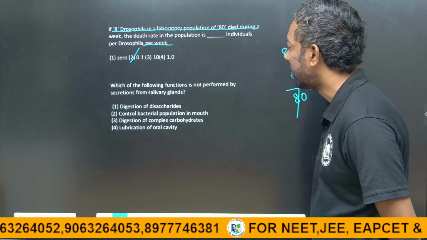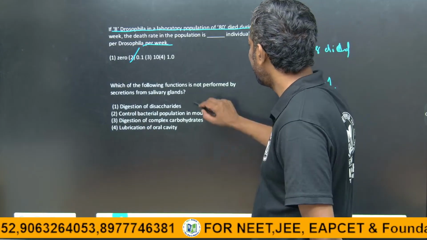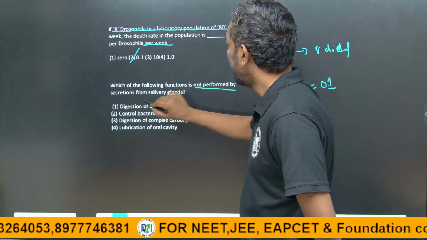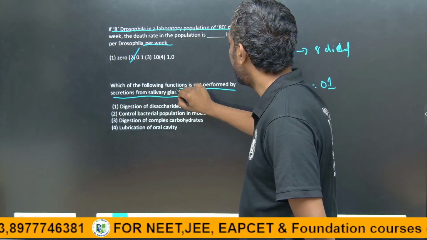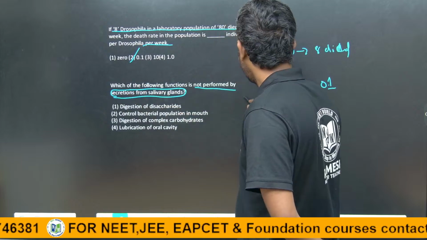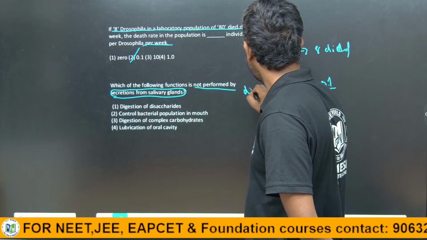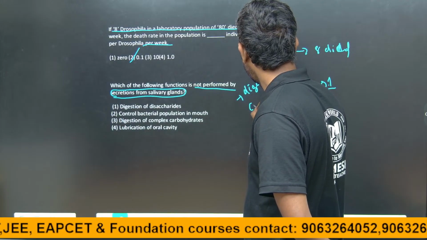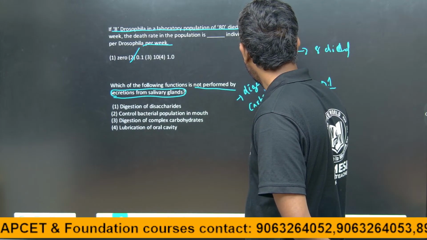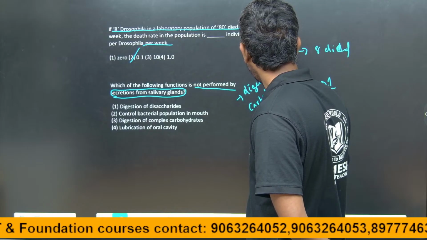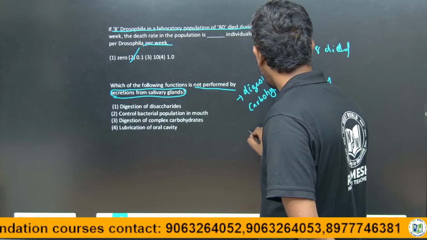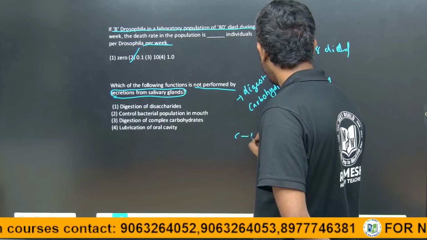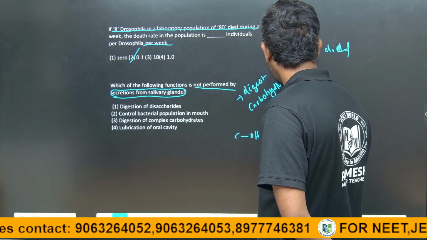Which of the following functions is not performed by the secretion of salivary glands? Salivary glands function to digest carbohydrates. Carbohydrates are a long chain of carbon, hydrogen molecules, right?